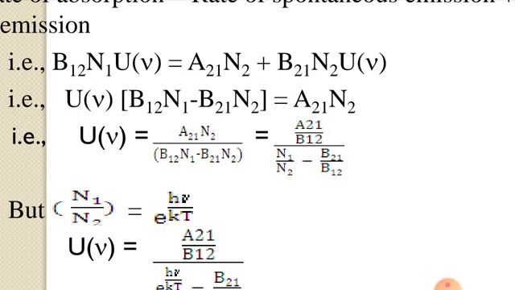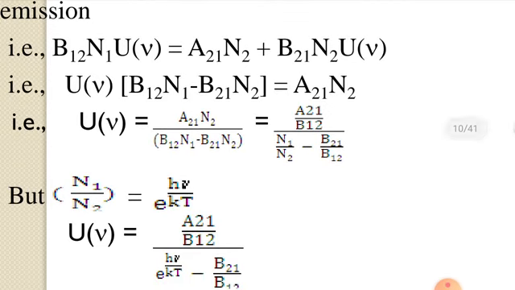N1 by N2 is according to the Boltzmann factor. We consider two energy states E1 and E2 with population densities N1 and N2, and if E2 is greater than E1, then the Boltzmann factor can be written as N1 is equal to e to the power minus E1 by kT, similarly N2 is equal to e to the power minus E2 by kT.